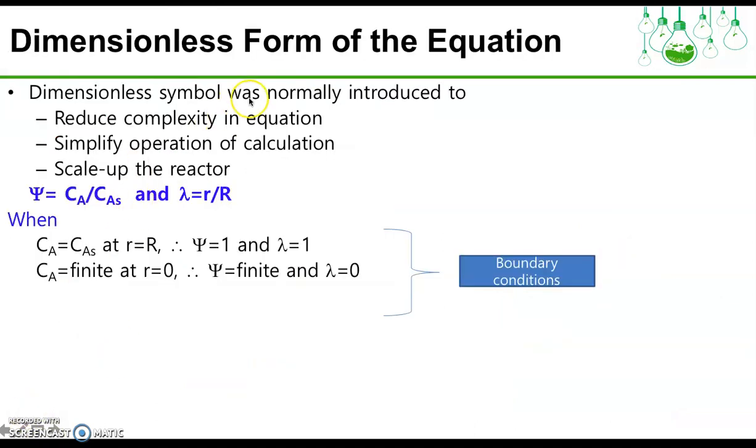Now we arrive at the dimensionless form. Due to the boundary conditions just now, we will meet these two dimensionless variables, psi and lambda. Psi is CA over CAS, and lambda is r over capital R. If you apply the boundary conditions, psi becomes 1 and lambda becomes 1 at CA equals CAS and r equals R. Similar goes for the other one.